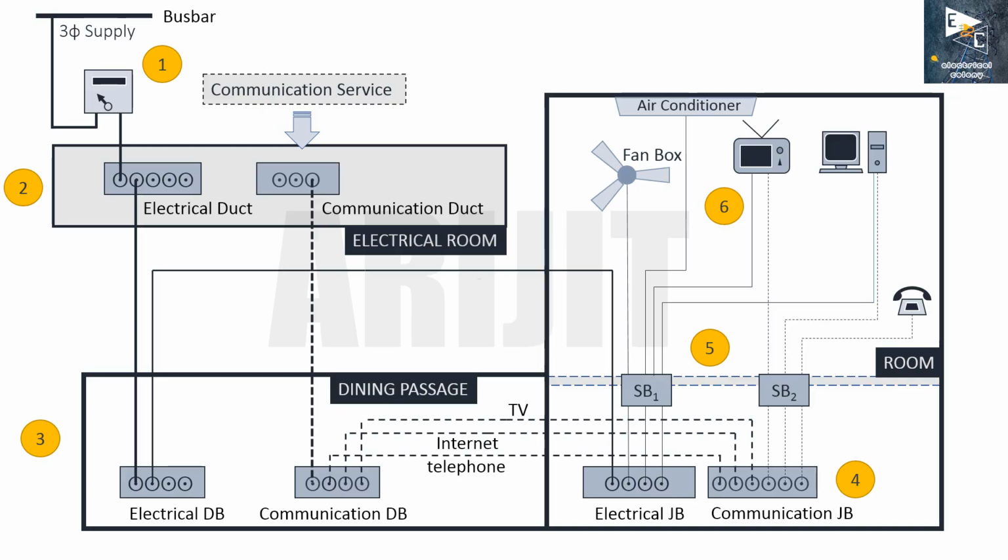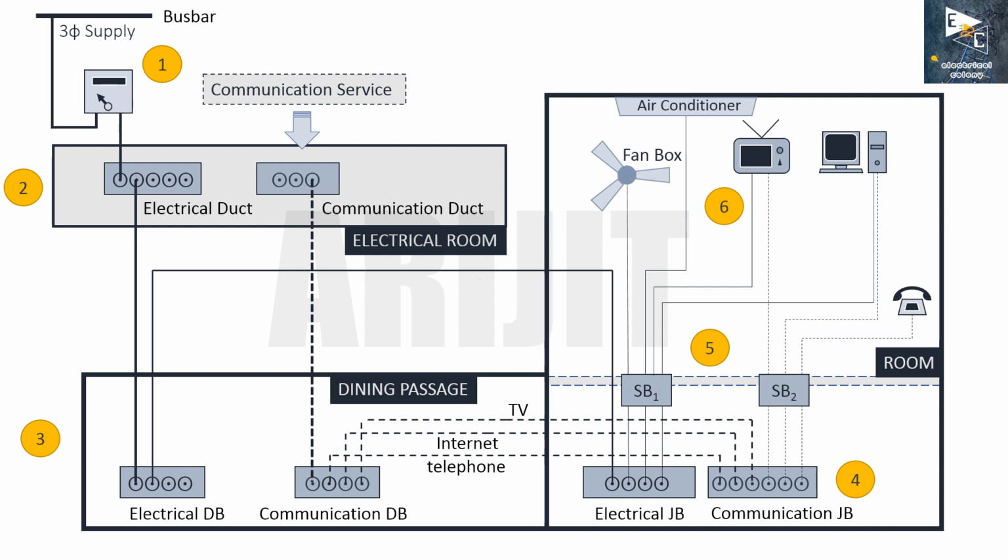I have drawn this figure as much as possible to make you understand how the design works. From the 3-phase power supply, the connection is taken via energy meter and MCB to the electrical distribution box through the electrical duct. For this purpose, 25 mm MS or PVC conduits are commonly chosen as per project requisition.